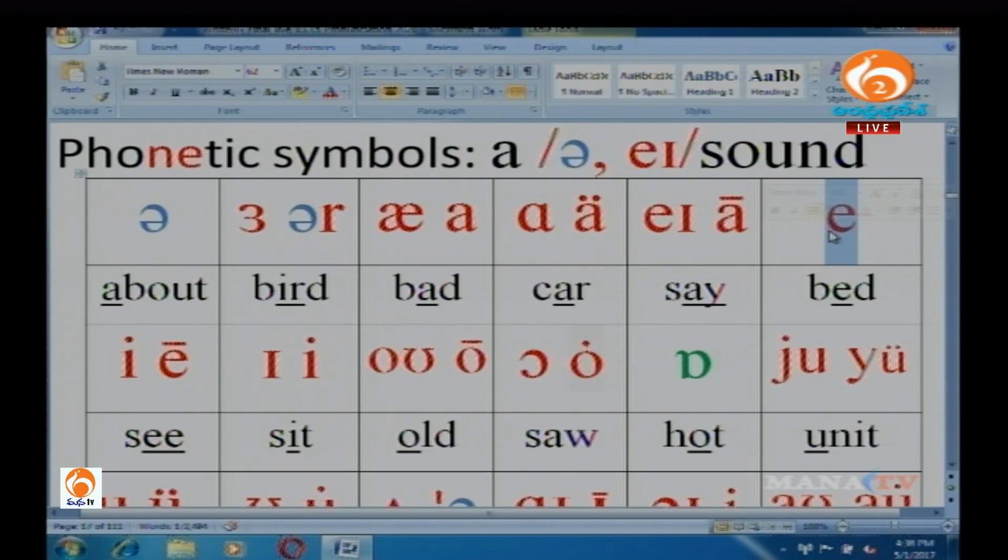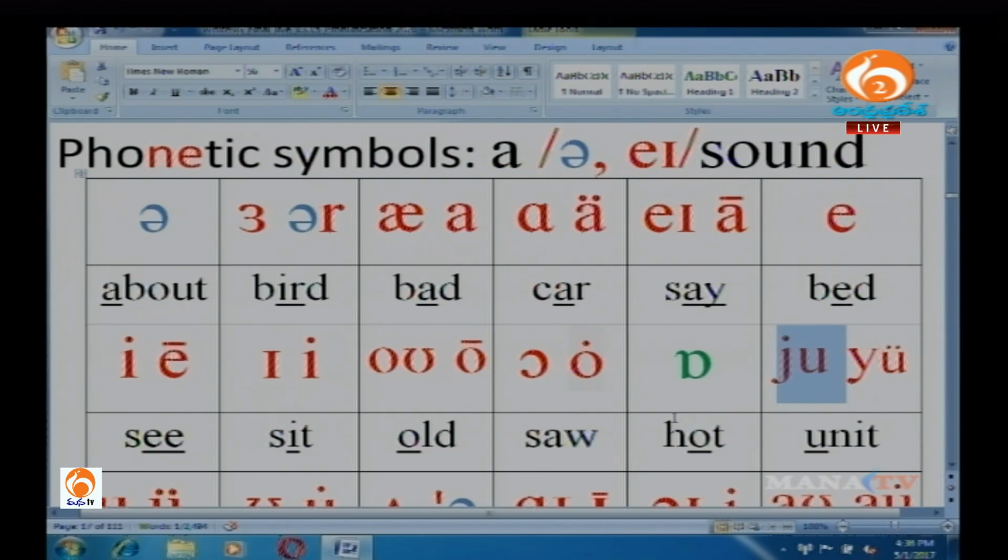This one bed, pen. This one see. This one short sit. This one old. This one saw. This one hot, not. Americans change that to hot, not, pot.